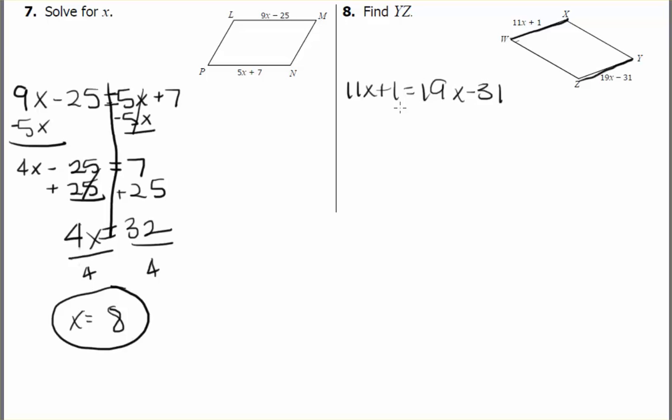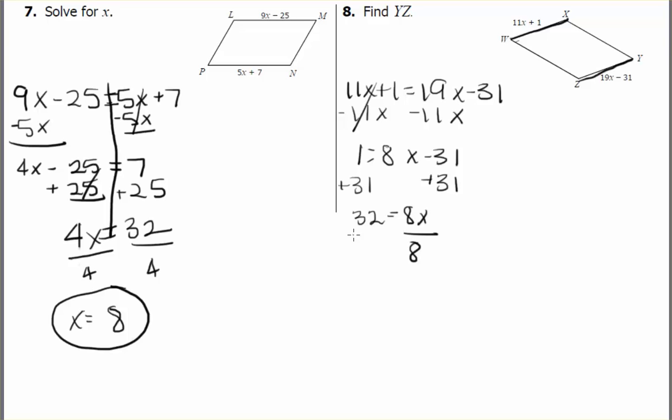And then solve algebraically. So then I end up getting x equals 4.